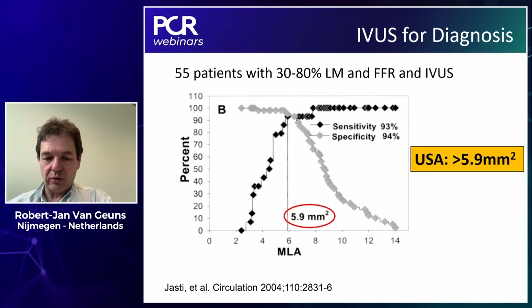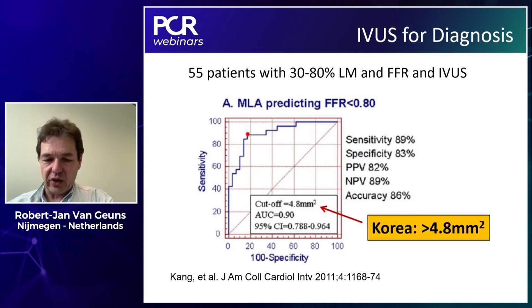But later on, a Korean study came up with a different measurement, 4.8 square millimeters as an optimal cutoff value. So it's a bit difficult to say what our optimal cutoff value is, but if you do the IVUS in the left main and you have a close to 0.8 FFR in the left main, and an MLA above 6 square millimeters, probably you won't need an intervention.